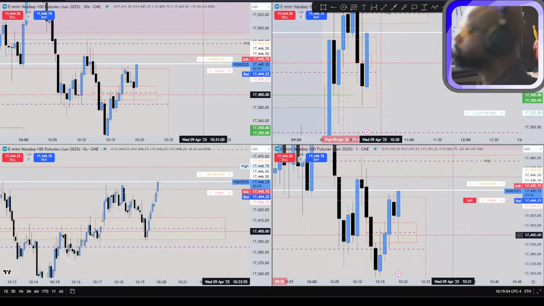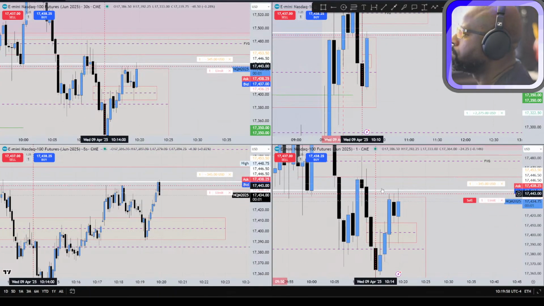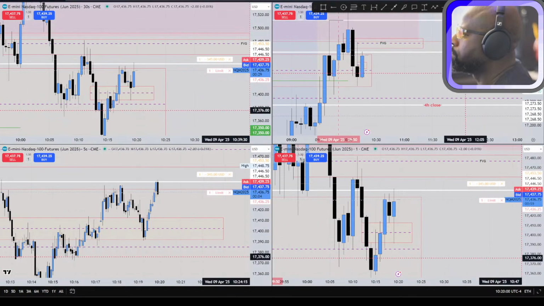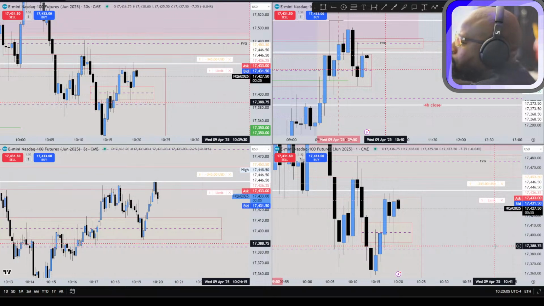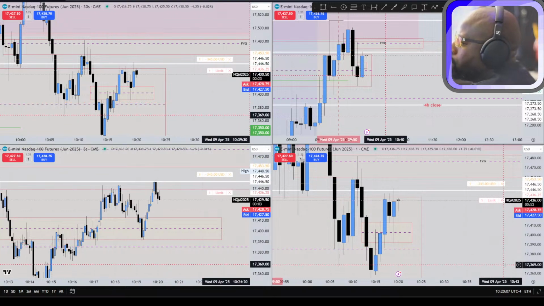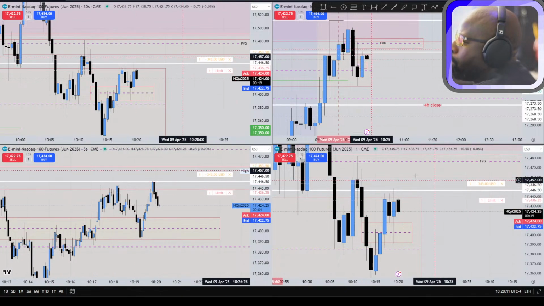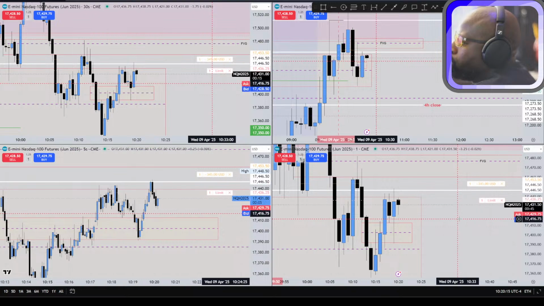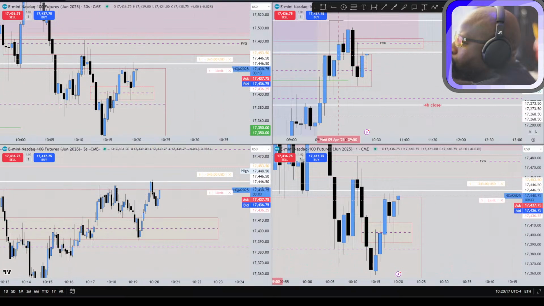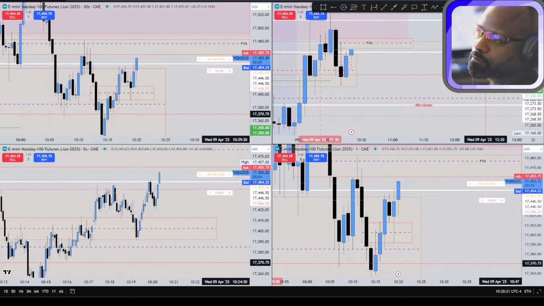We just took the high of the prior up close candle. Okay, a few more minutes left in this.